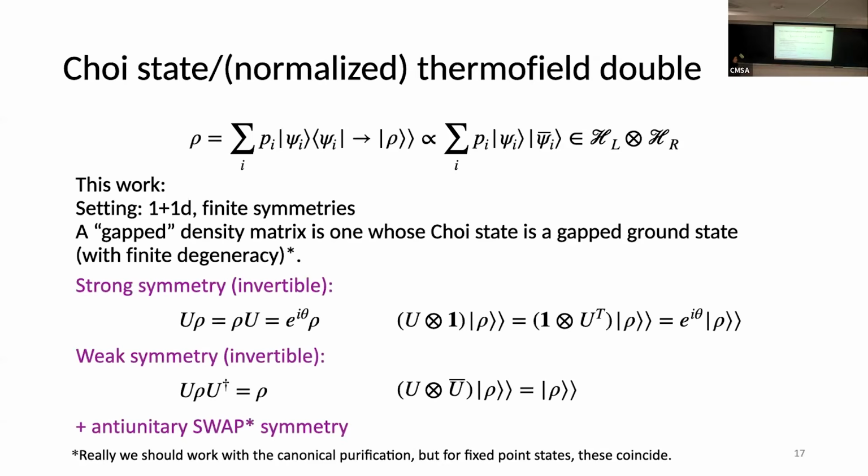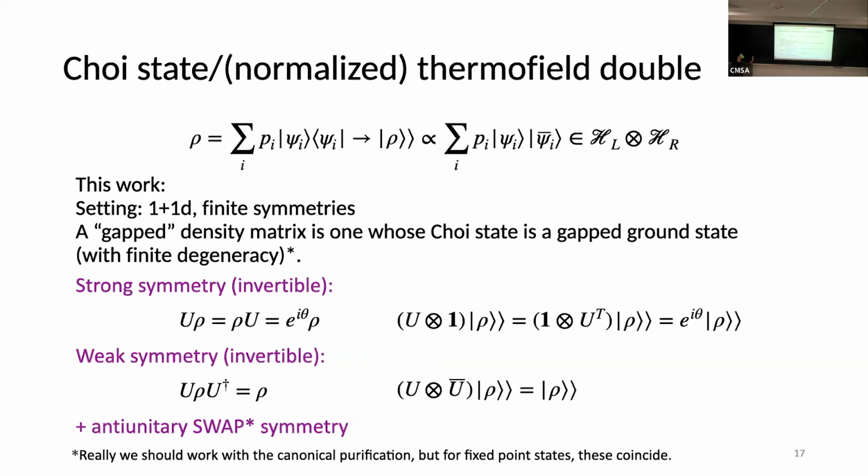So the strong symmetries get mapped to operators that act on either H_L or H_R. The weak symmetries act diagonally between the two layers. If you look at U rho U dagger and vectorize that density matrix, you end up getting U tensor U bar, where bar is complex conjugation, on this doubled Hilbert space.